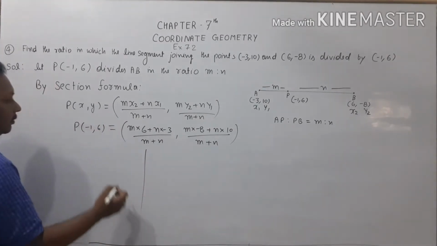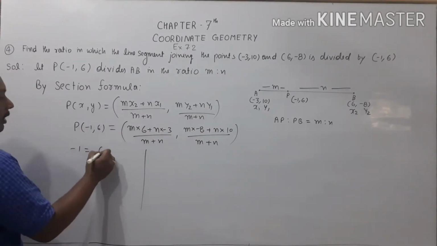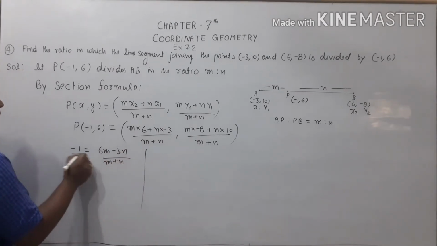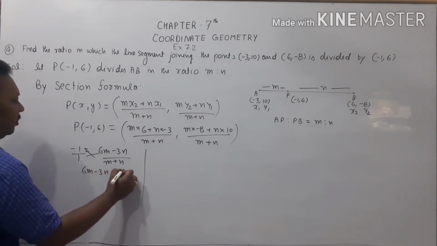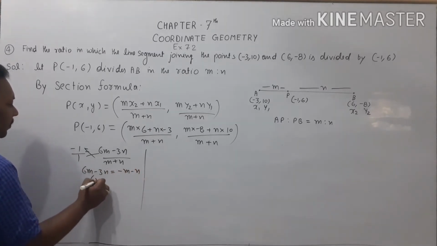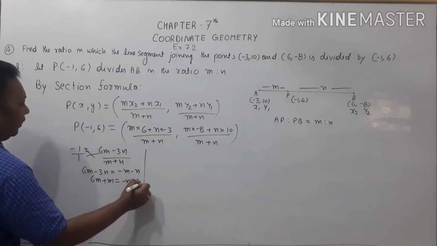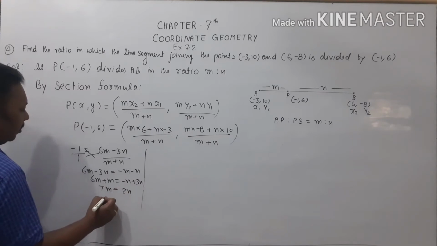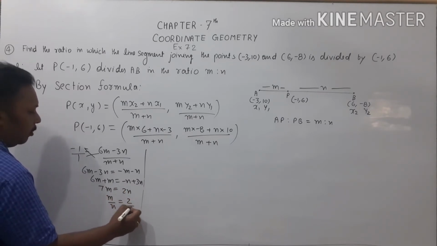Now we compare, first the x-coordinate: minus 1 equals 6m minus 3n upon m plus n. By cross multiplying we get 6m minus 3n equals minus m minus n, 6m plus m equals minus n plus 3n, 7m equals 2n, or m upon n equals 2 upon 7.